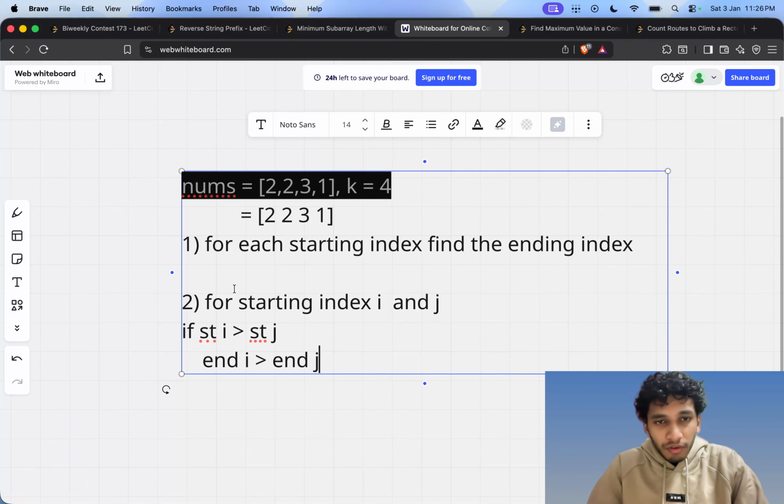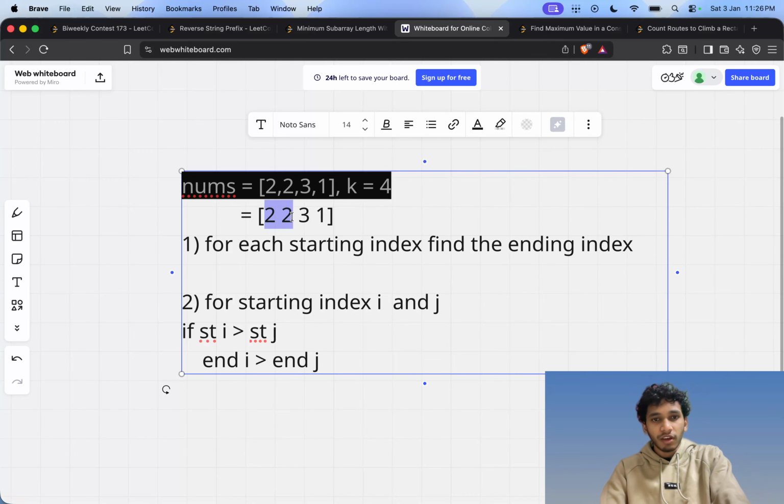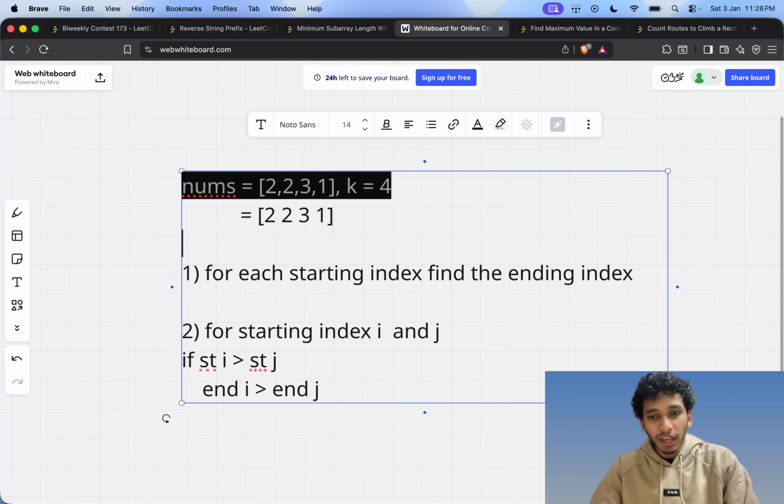All right, why so? Because if we say that this particular index gives a sum up till the next index, then what is the scenario? Maybe this is a particular scenario where it gives the sum up till the next index. 2 plus 2 is 4, which is greater than or equal to 4.